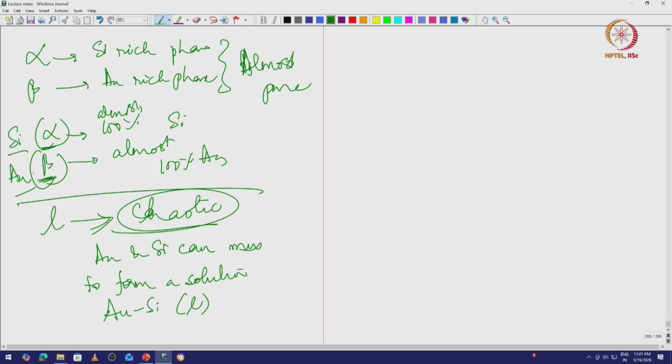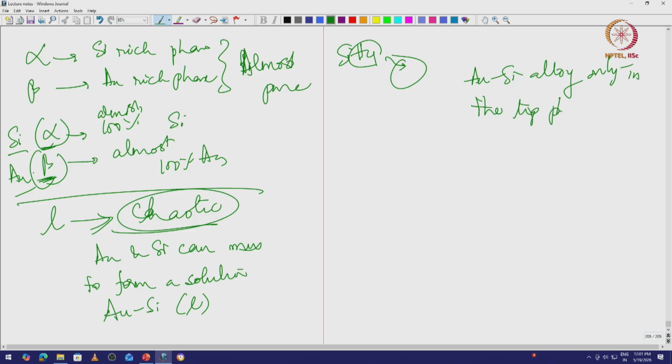Alright, so I am sending SiH4 on gold, right. Now SiH4 can react with gold and form an AuSi alloy only in the liquid phase, right, not in the solid phase.